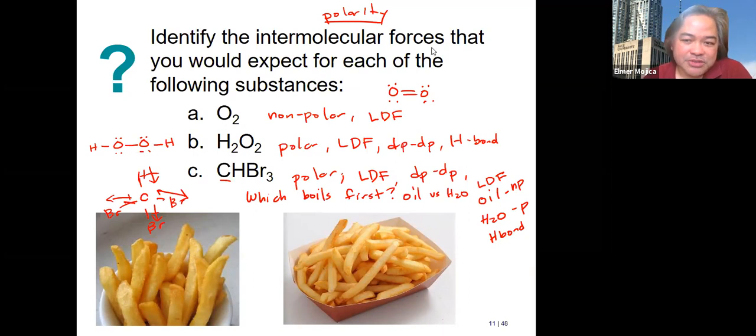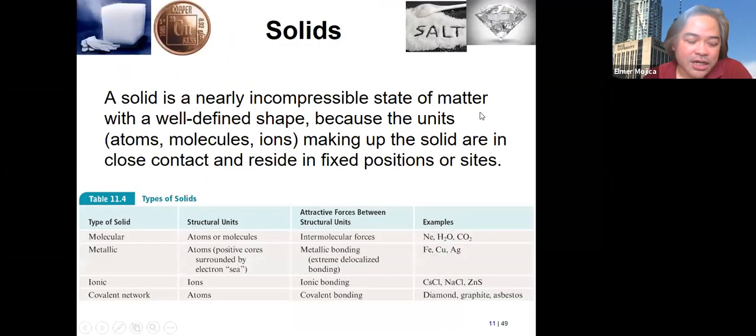So the last part that we're going to have in this chapter is the solid. We talked about some of the properties that we have, some of the IMFA that we have. So what we're going to do is apply those IMFA to discuss the different types of solids.